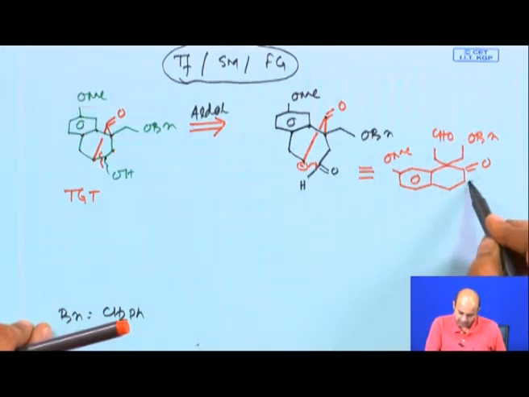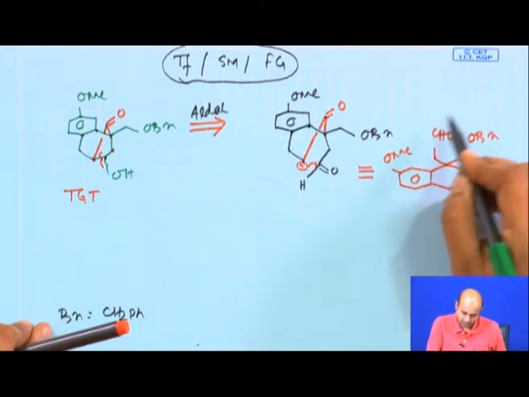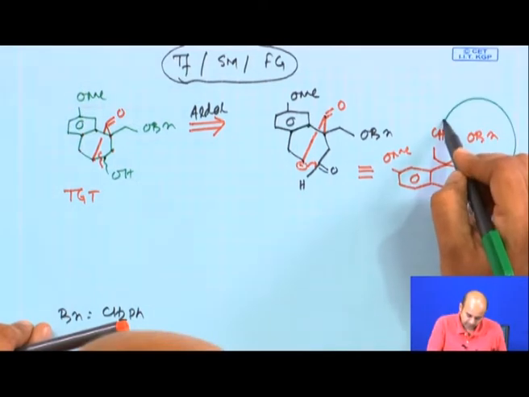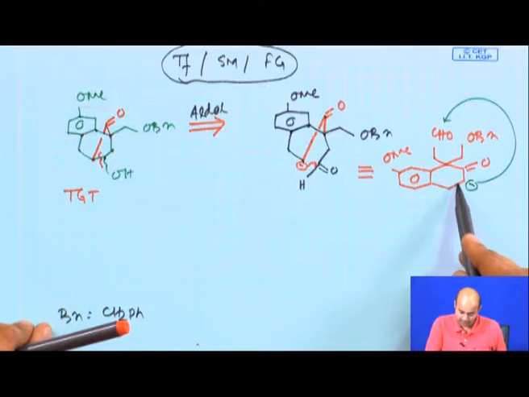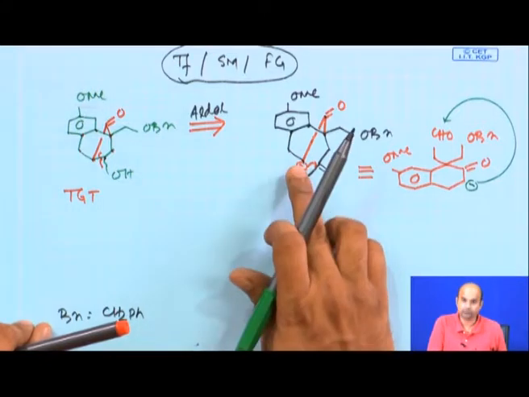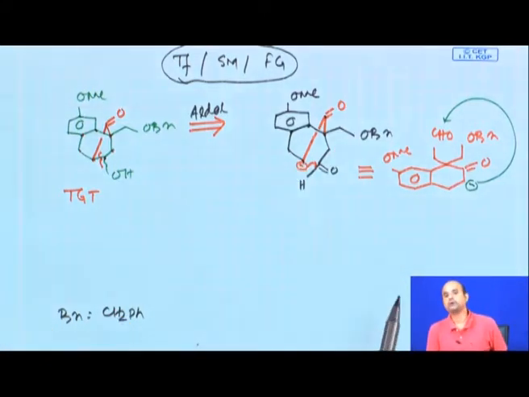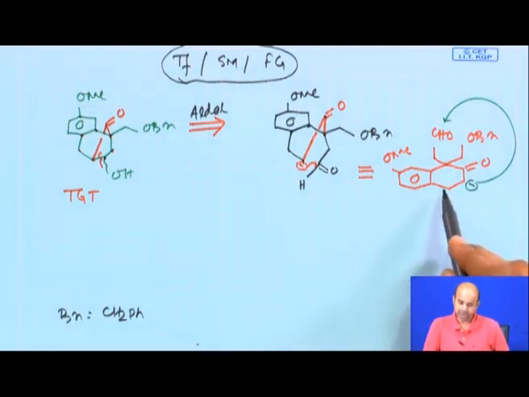So, this is the aldol reaction we are doing. Now, this compound has been rewritten in this way. The structure looked pretty complex, but once simplified, you are quite comfortable.